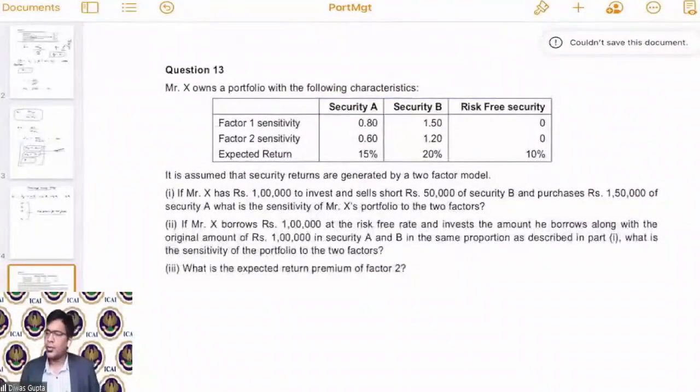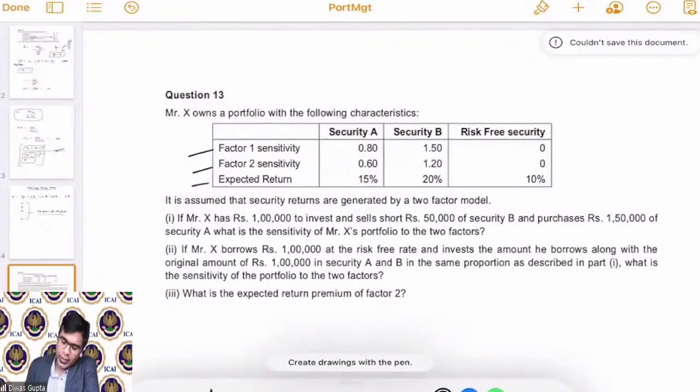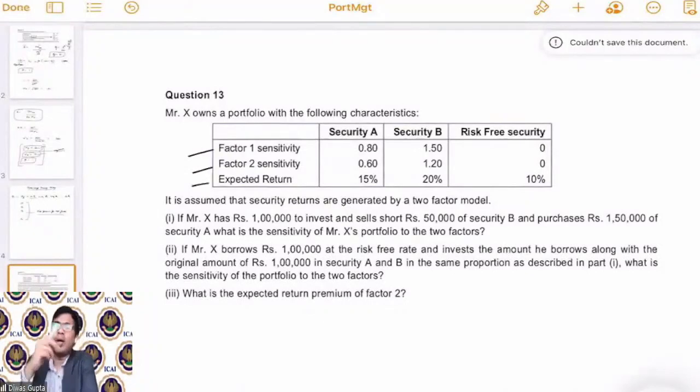Now, what does question number 13 say? We'll just try to see from this question. Mr. X owns a portfolio with the following characteristics. Now he owns a portfolio already, and these are the characteristics. So factor one, factor two, and expected return. Factor one and factor two are two different factors. It can be market premium, it can be inflation, it can be GDP, it can be anything.